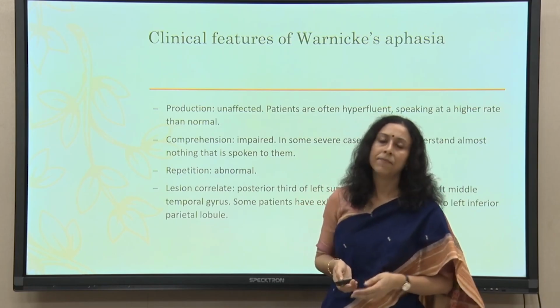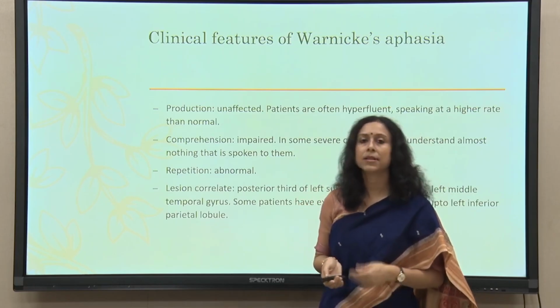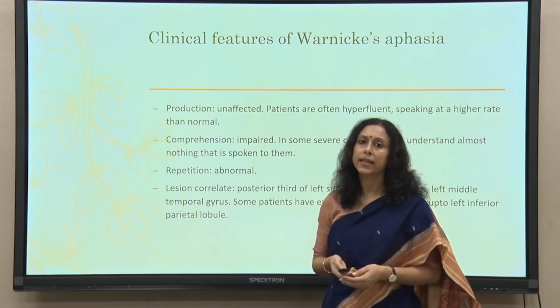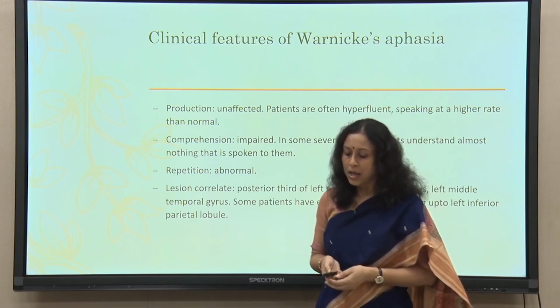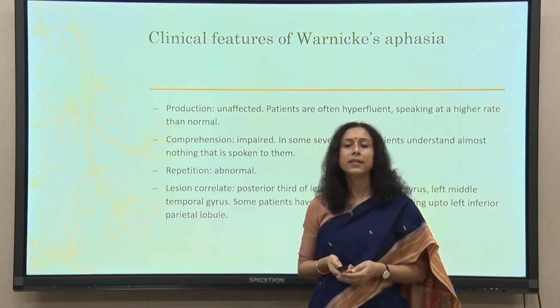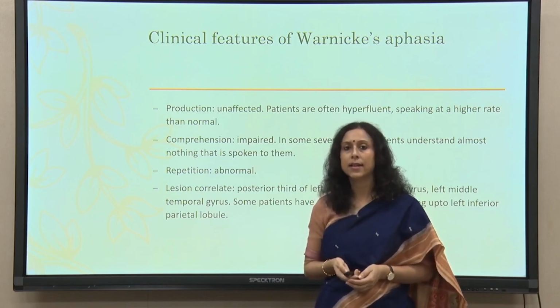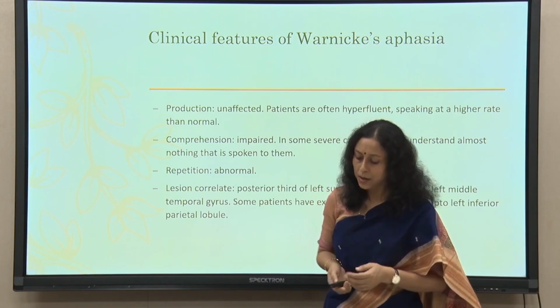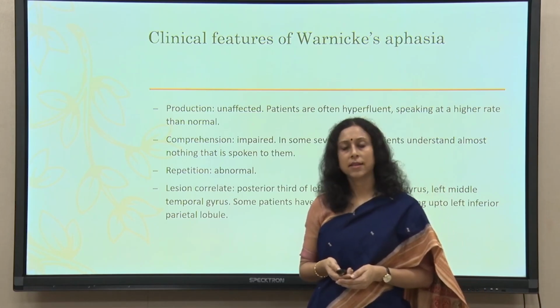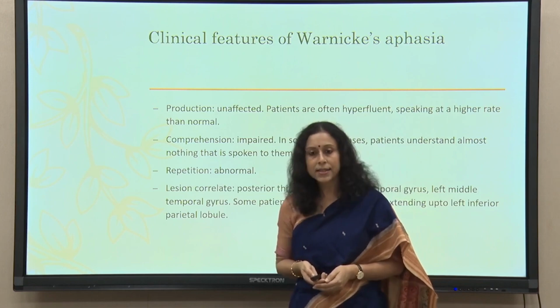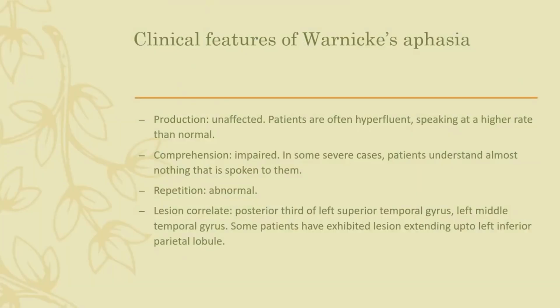Patients are often hyperfluent, because they have a speech rate which is higher than normal. However, the major problem with Wernicke's aphasia is comprehension, because comprehension is severely impaired in this kind of aphasia. And in some severe cases, patients understand almost nothing that is spoken to them.